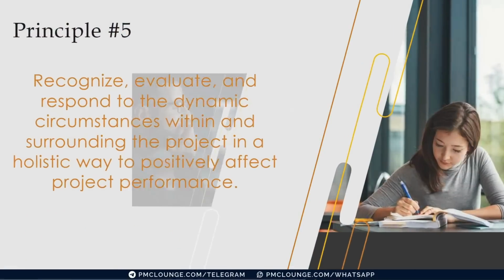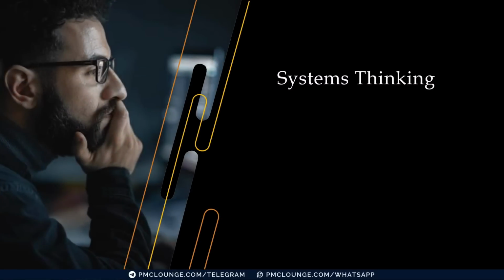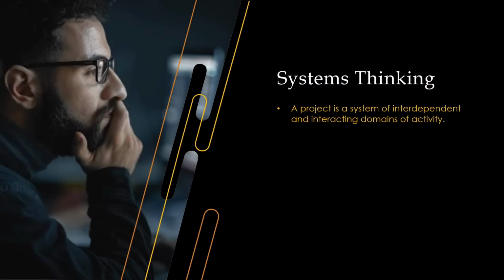Now let's get down into more details about systems thinking. So at its core, a project is going to operate as a system which is made up of various interconnected and interdependent parts. These domains of activity work together to achieve a unified goal.